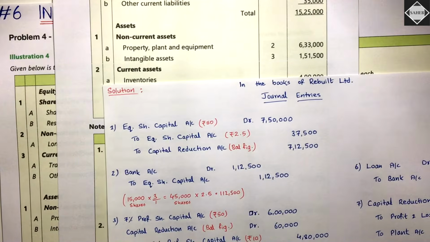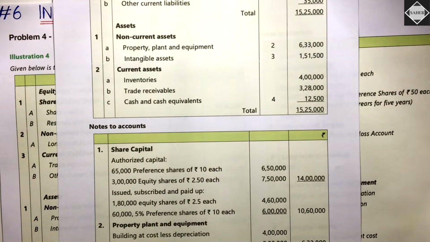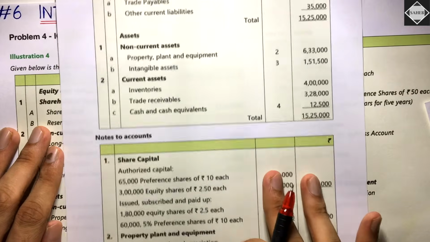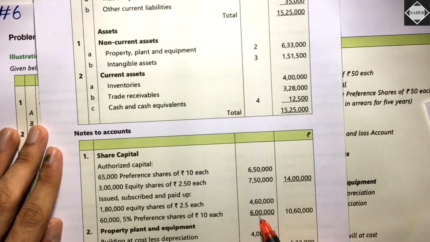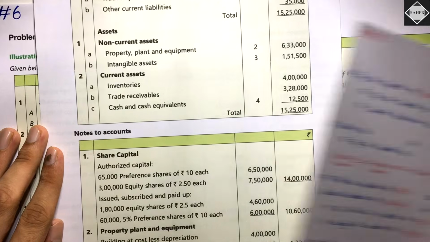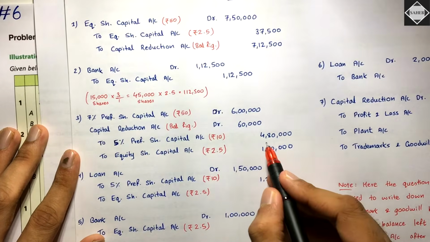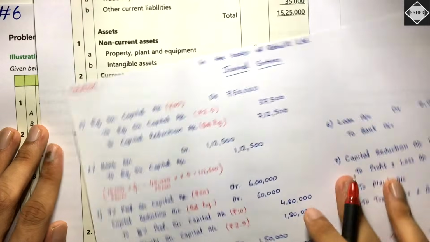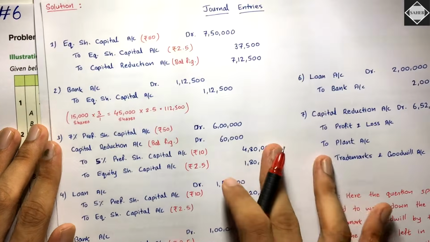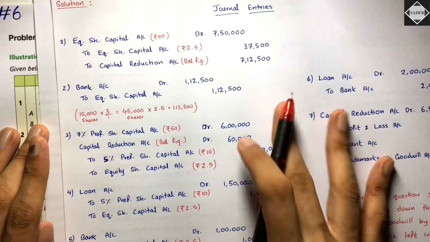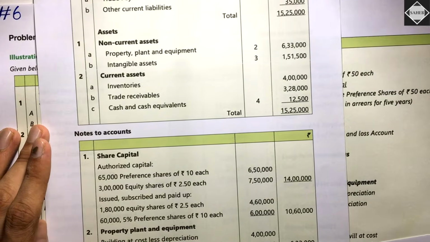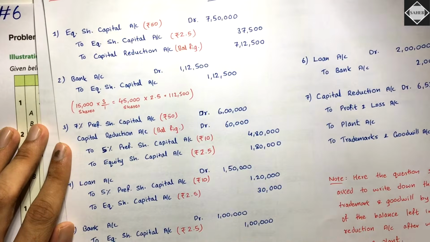Then we have to see the preference shares. Preference share capital here is 6 lakh. How is it 6 lakhs? In the journal entries, previously it was 6 lakh, and after the reconstruction also it's 6 lakh only.